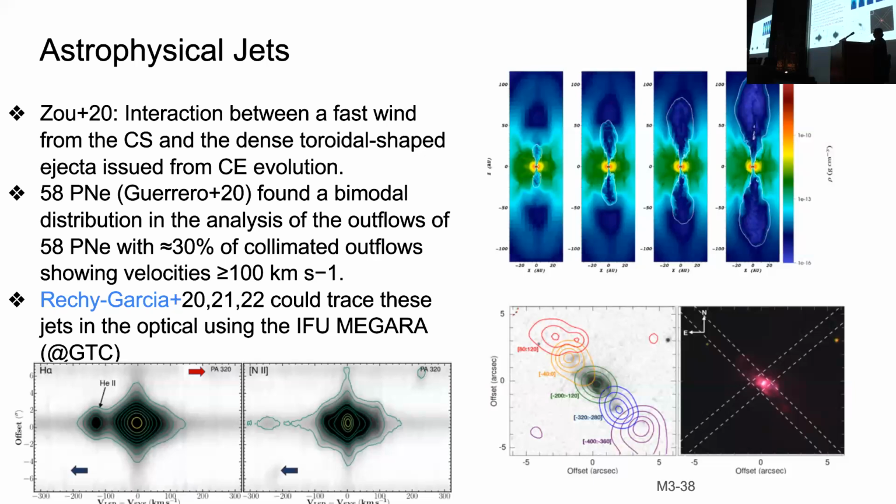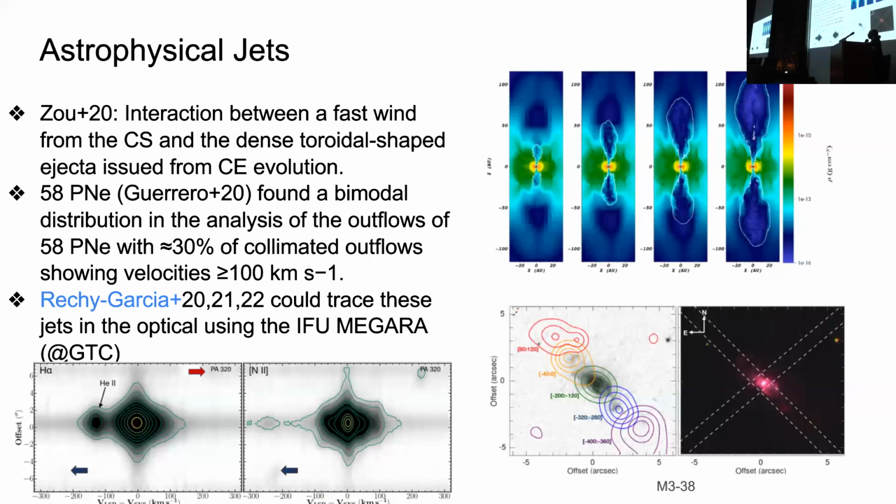And here you have the PV diagram, where you can see these jets up to, if here is your zero, nearly minus 300 here. And with the IFU, you can have your tomography of the jets.